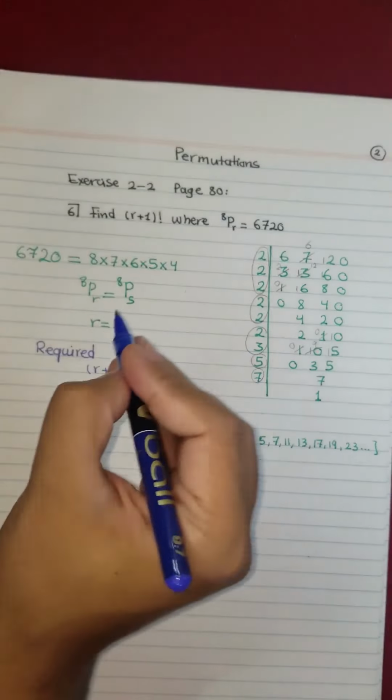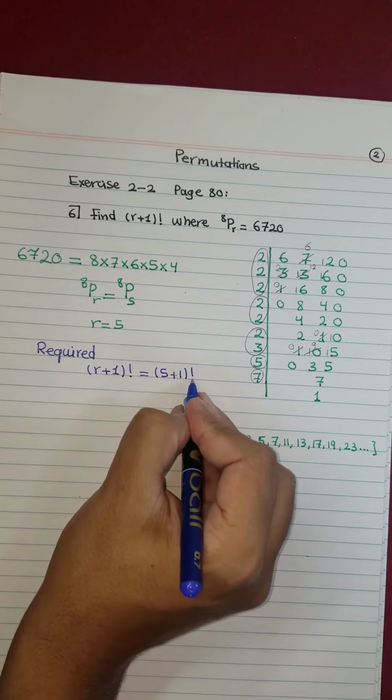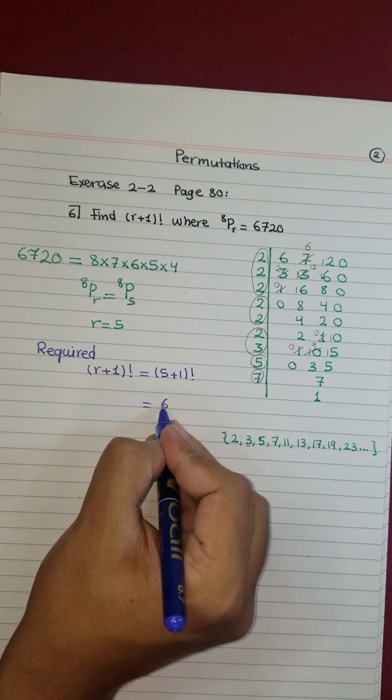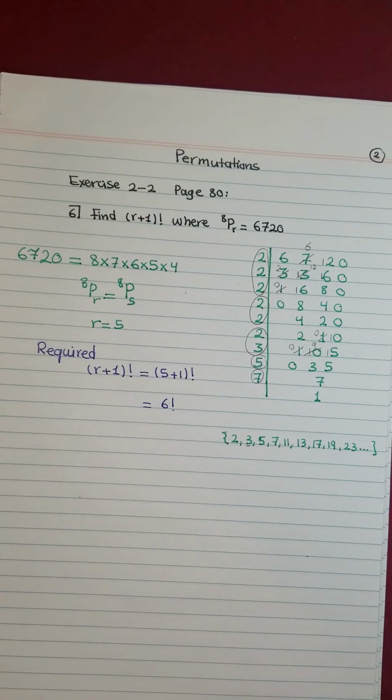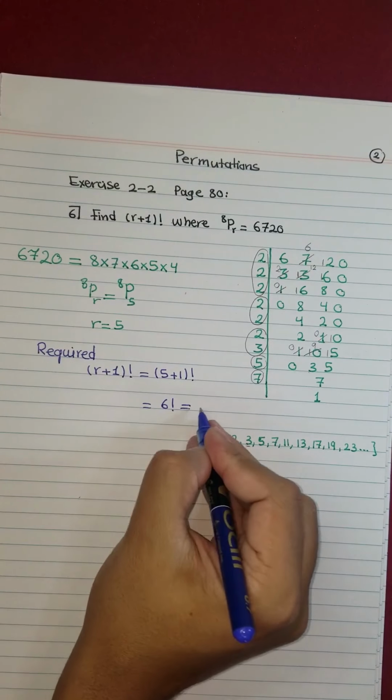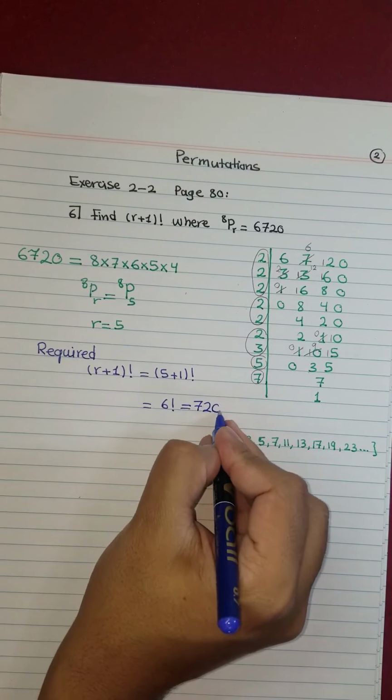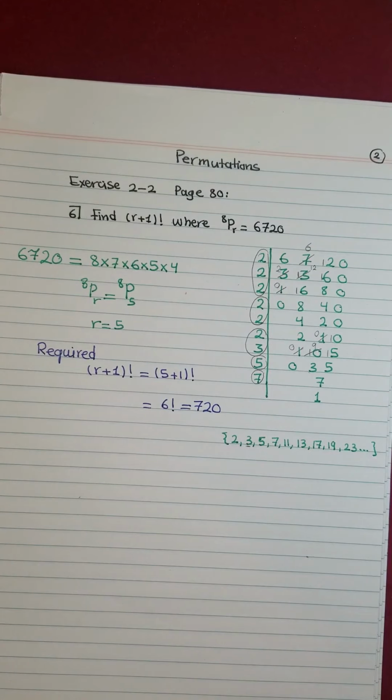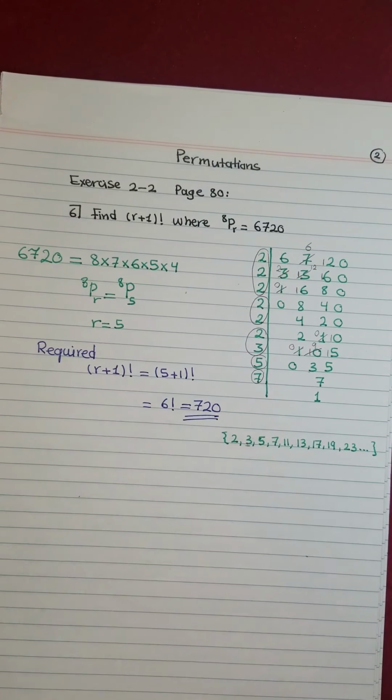Well, we've just found R is 5, so this is going to be equal to 5 plus 1 factorial, which is 6 factorial, and we have memorized 6 factorial before, and we know it is equal to 720. So the answer to this question is 720. And that's it. That's question 6.